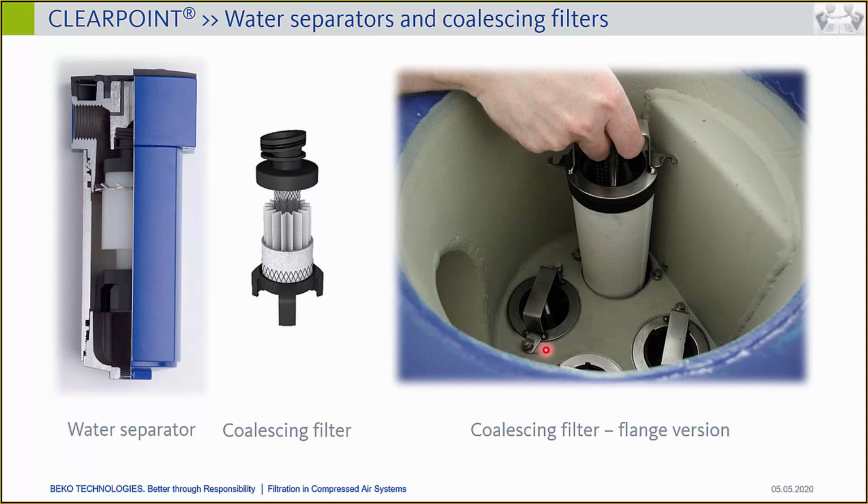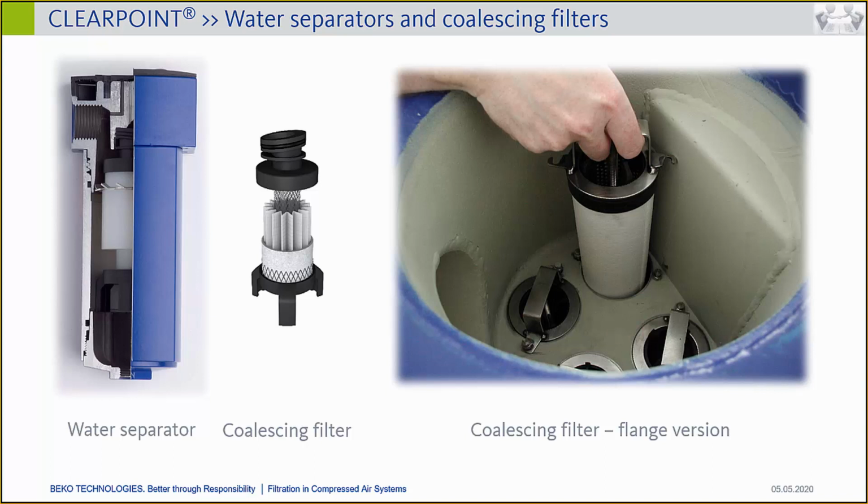If you loosen these screws, you can turn them counterclockwise, pull them out, and disassemble the filter element from the supporting component, from the thread here. Put a new filter element on here and put the whole combination down into the flange filter.